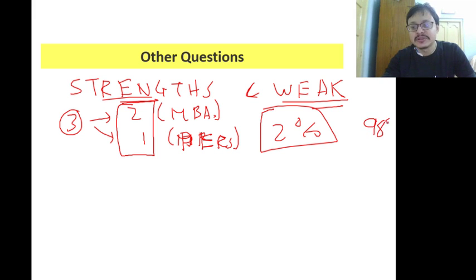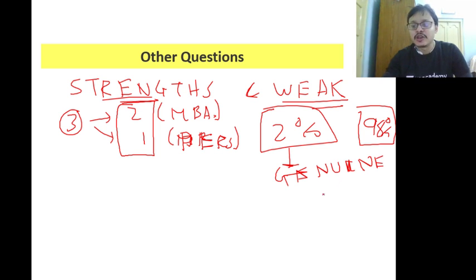Focus more on the 98% where you're writing positive things. Please write genuine weaknesses. If you're thinking that by writing fake weaknesses you're able to outsmart the interviewer, you're absolutely wrong. You cannot outsmart an interviewer, so it's better to write genuine weaknesses.